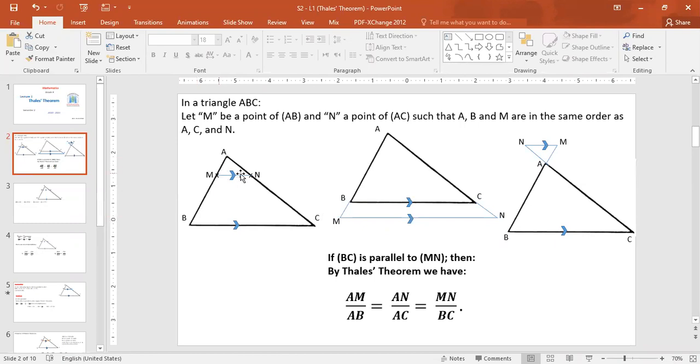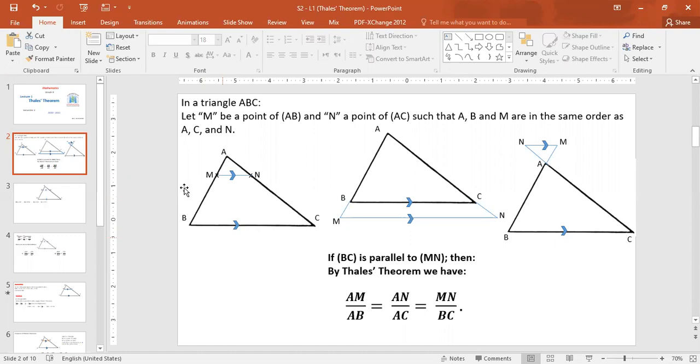Why? Because MN is parallel to BC. So to be able to apply Thales theorem, we should have parallel lines. So we say, since line MN is parallel to line BC, then we can apply Thales theorem in this triangle.